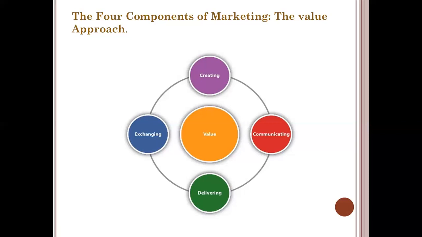And in most instances, we consider the exchange to be cash for products and services. So basically, once you purchase a product or once you avail a service, the exchange for it is cash.